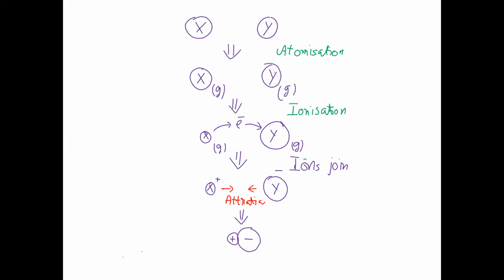Now look at this simulation that X and Y are two ions. They both are atomized. Then they transfer electron. After that, one is positive and one is negative. They join to form a lattice. You have to copy this concept sequence.